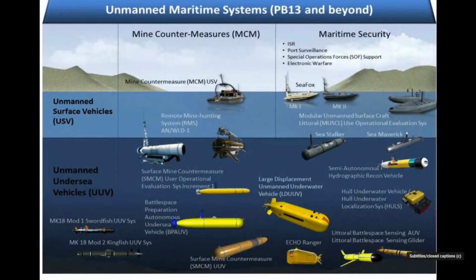So this is kind of an overview of how the military is using things. So these are surface vehicles up here, and they're using them for port surveillance, for special operations, that sort of thing. So these are the ones that are going to go out and take a look at weird situations that potentially have security implications.